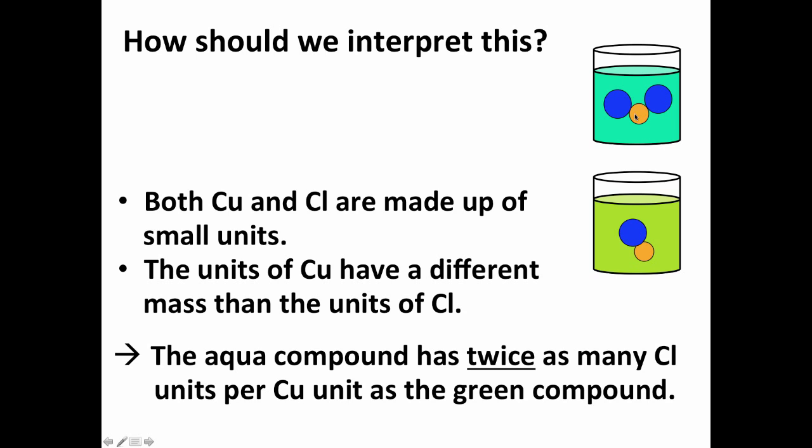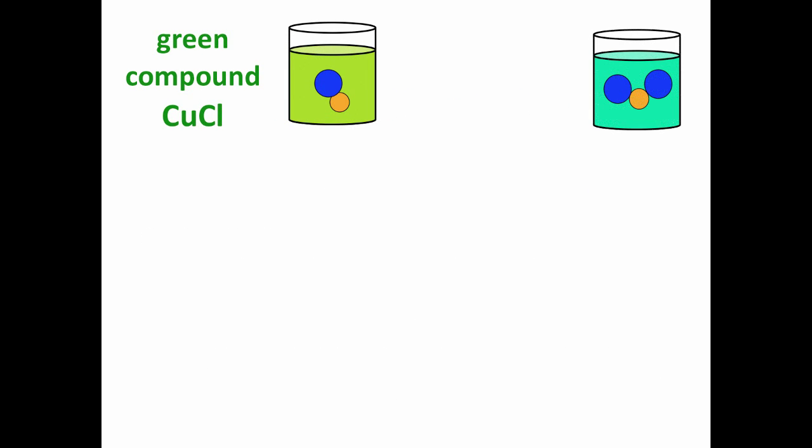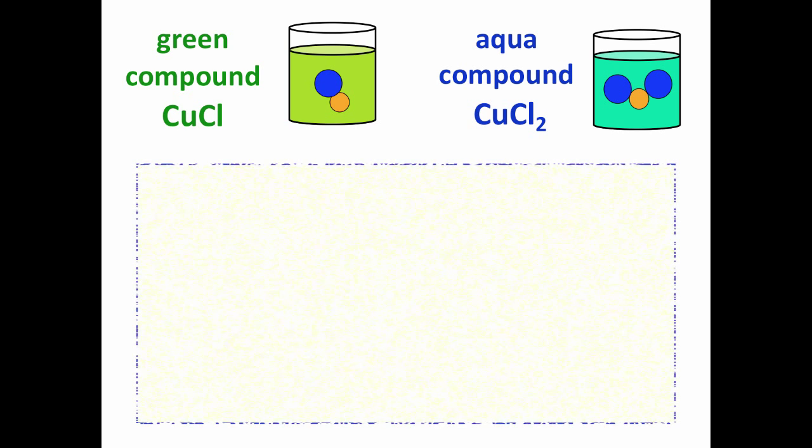Second compound has, for each 1 copper, twice as much chlorine. And it turns out that that is in fact true. There's twice the chlorine per amount of copper in the aqua blue compound, and in fact the green compound is copper 1 chloride, and the blue-green aqua compound is copper 2 chloride, so CuCl and CuCl2 respectively.